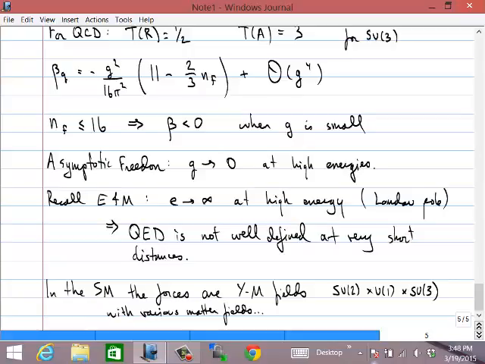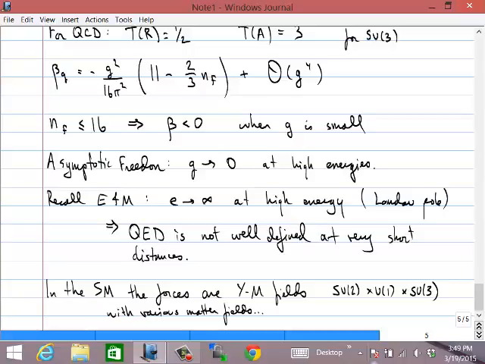Dirac fermions are parity symmetric, whereas Weyl fermions carry handedness. They're either left or right-handed. It turns out that the Standard Model of particle physics is not parity invariant. So left-handed particles have very different interactions from right-handed particles. So when we write down the Lagrangian of the Standard Model, we're going to have to first remind ourselves a little bit about chirality and all of that stuff.